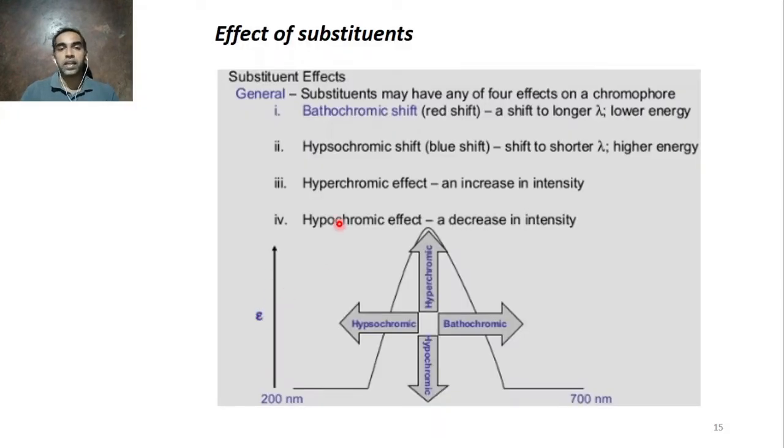So you can see here the effect of substituents. Bathochromic shift is red shift, a shift to longer lambda, lower energy. This is the spectrum, the absorption spectrum you get in the UV visible region.